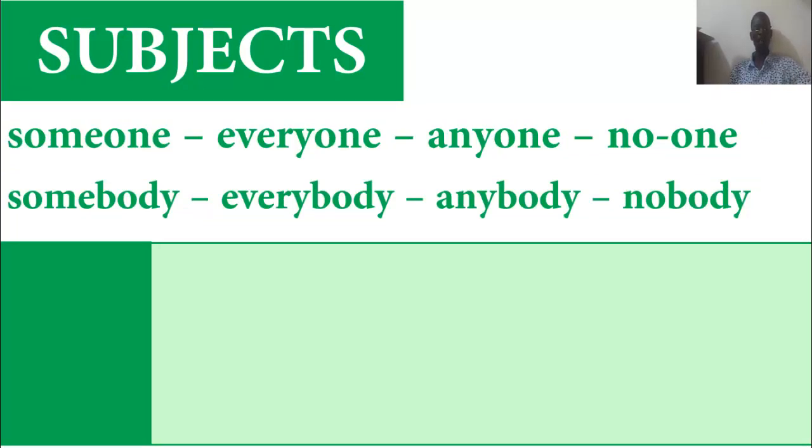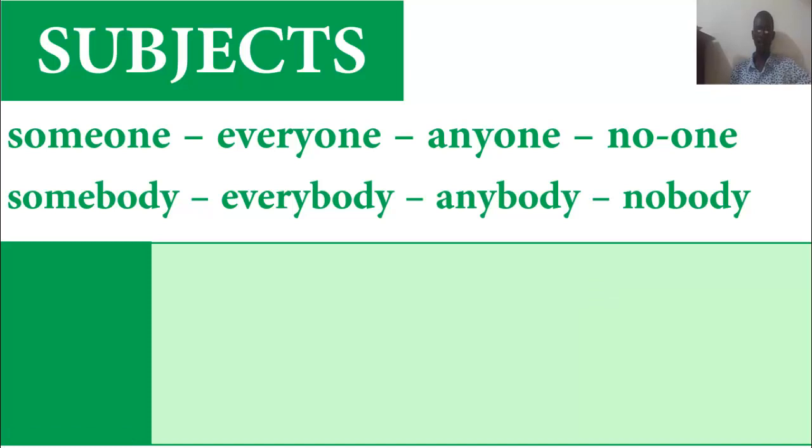If the subject is someone, everyone, anyone, no one, or somebody, everybody, anybody, nobody, someone, somebody c'est quelqu'un, everyone, everybody c'est tout le monde, anyone, anybody c'est n'importe qui, no one, nobody c'est personne. Donc, ça c'est des personnes qui ne sont pas spécifiques.